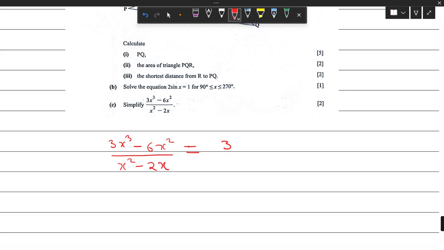We'll take it outside. What is also common here? x. x can go here. So we just get x squared, because x squared can go into 3x cubed and into the other term. So you get x squared. Then you open bracket. So here we have 3x cubed divided by 3x squared. So 3 and 3 will cancel.